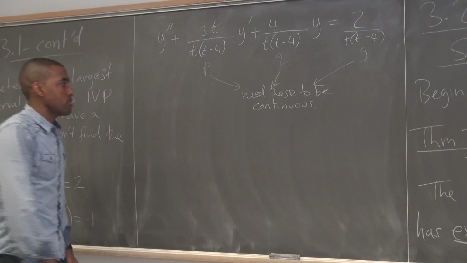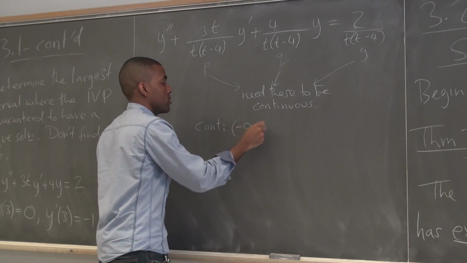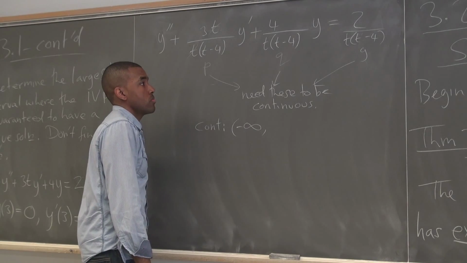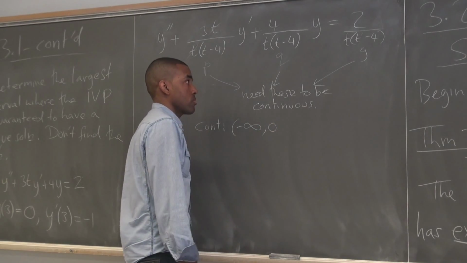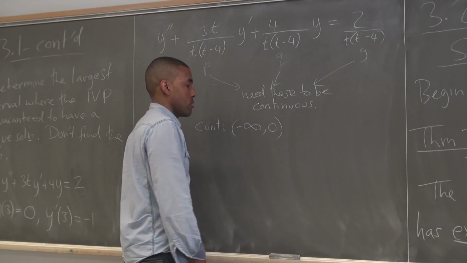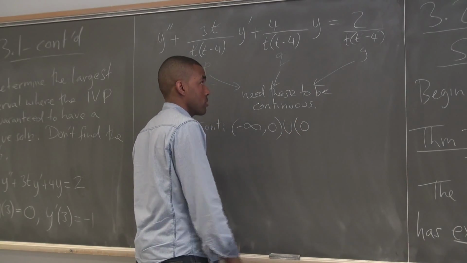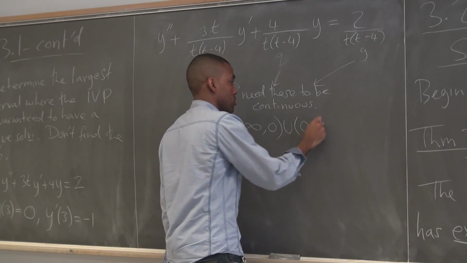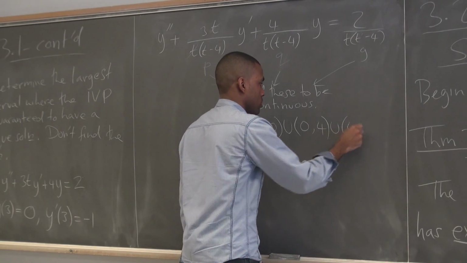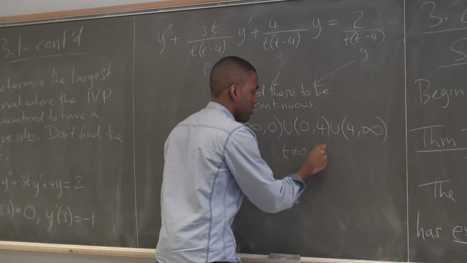So it's continuous from negative infinity to 0, and then union of 0 to 4, and then union 4 to infinity, because your t cannot be 0 and t cannot be 4.